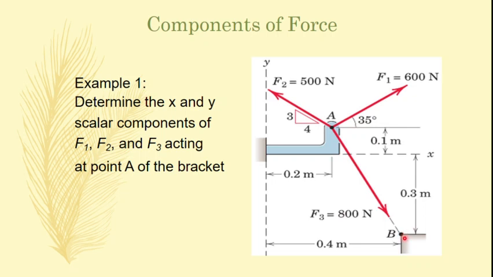We can easily find the coordinates of point B and point A, because the dimensions are given. Along the x direction it is 0.2 meter for A, and along the y direction it is 0.1 meter for A. And for B, if we take this point as the origin, then along the x direction the displacement is 0.4 m, and along the y direction it is minus 0.3 m.